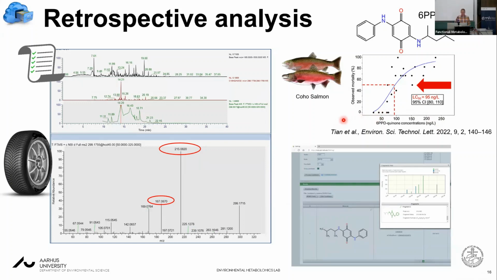So several months later, we went back into the data and pulled out this mass, looking into the MS2, and we can see that there's a certain fragmentation pattern that matches with the fragments that have been used for targeted analysis in this paper with the coho salmon. And we also did some in silico fragmentation.